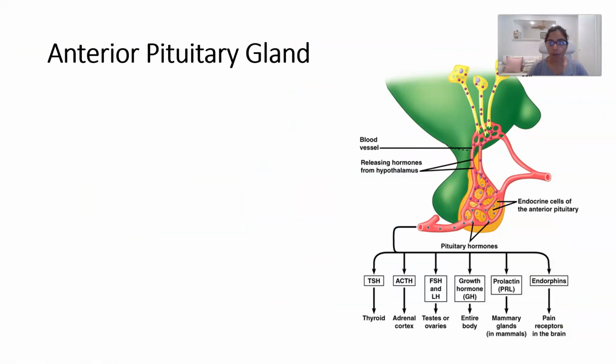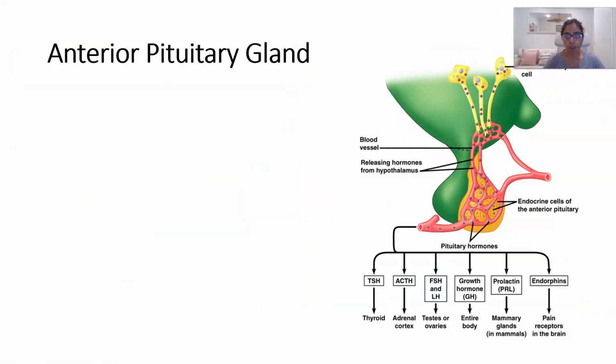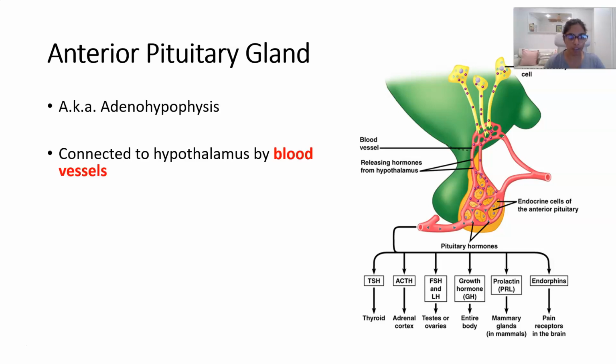For the next little while, we're going to focus more on the anterior pituitary gland, or APG. You need to know the anatomy of it in basic terms, and you need to know which hormones are secreted from this part of the pituitary gland. So we've already said that the APG is sometimes known as adenohypophysis.